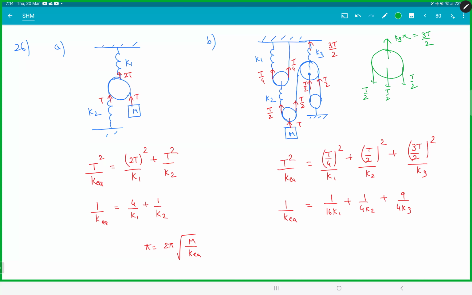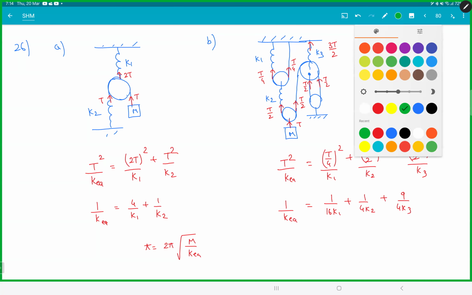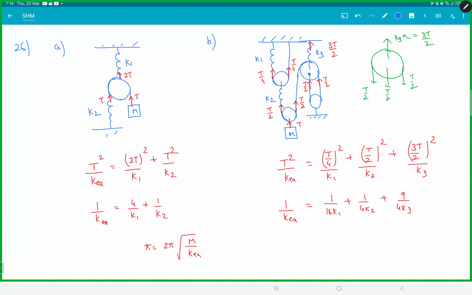Let's take one more like this. If you got that, then I think you will get this. Clear?